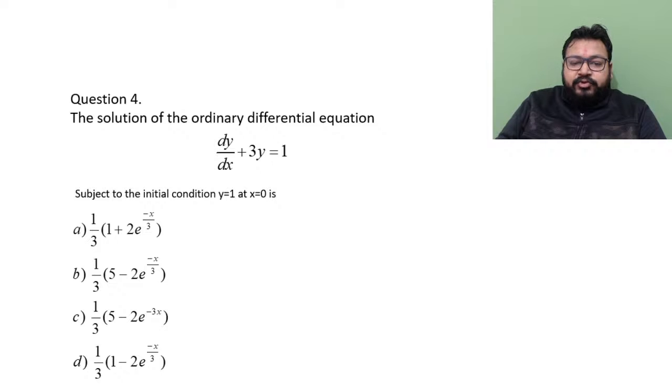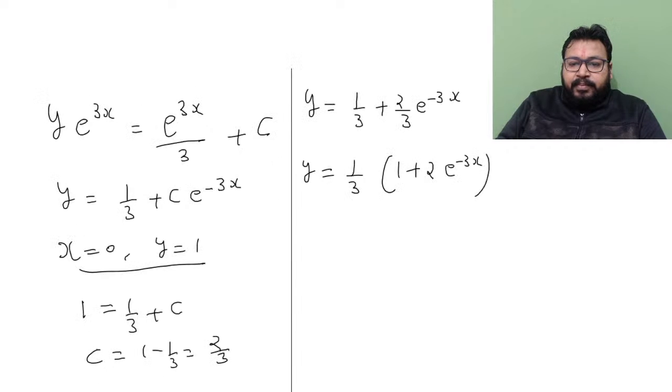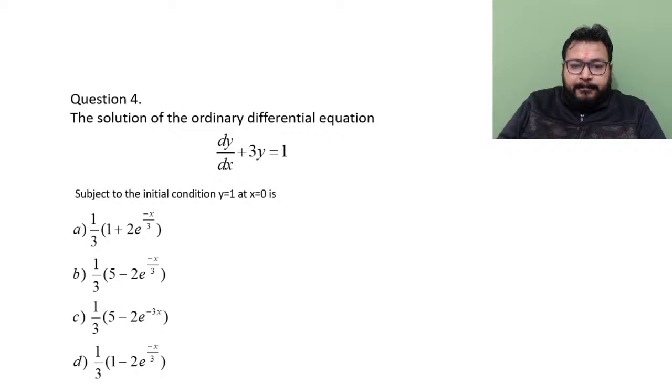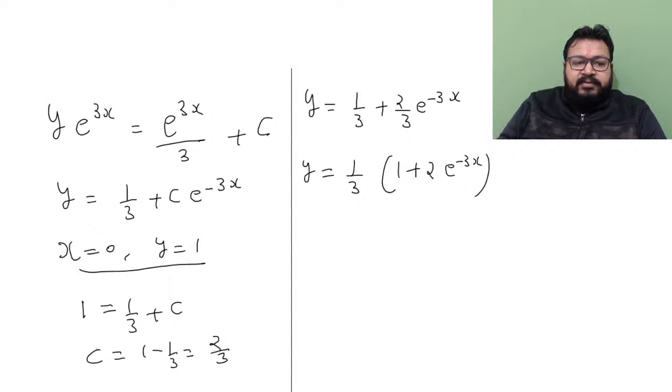It is not 1 plus 2 e to the power minus x by 3, and this is 1 plus 2 e to the power minus 3x.